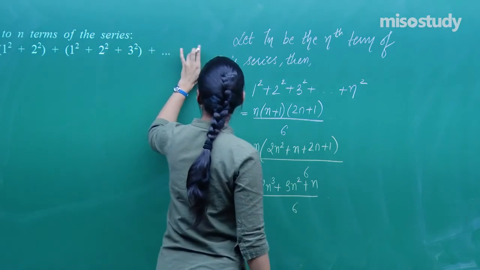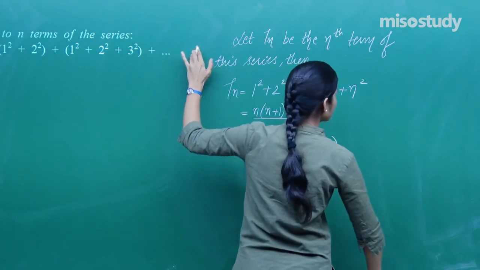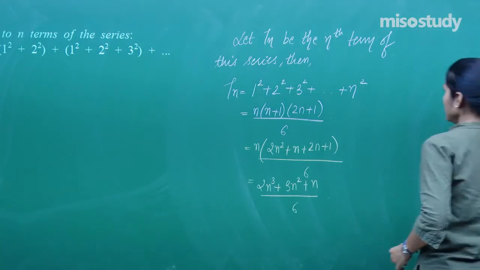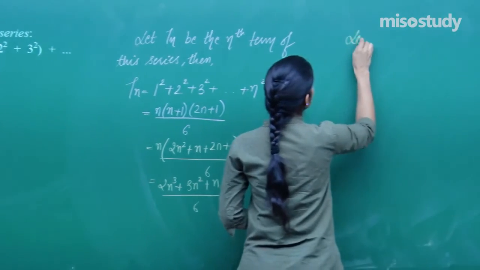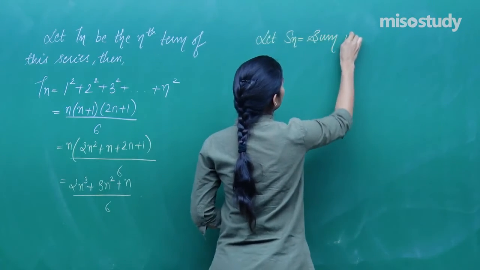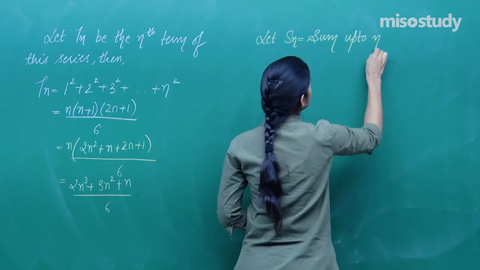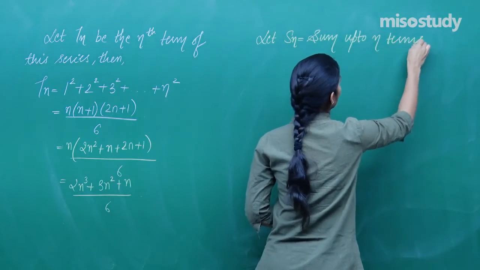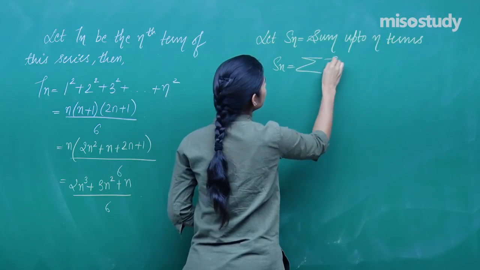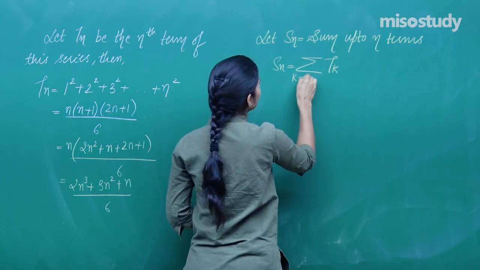The moment you have got the nth term, how to compute the sum up to n terms of this series? Let Sn be equal to sum up to n terms of this series. Then Sn is given by summation Tk, k going from 1 to n.